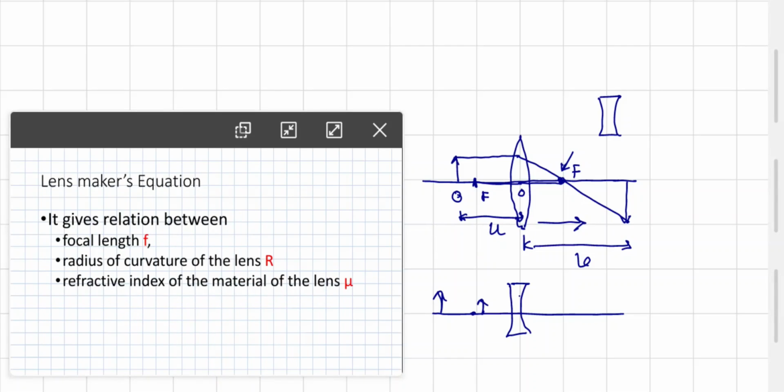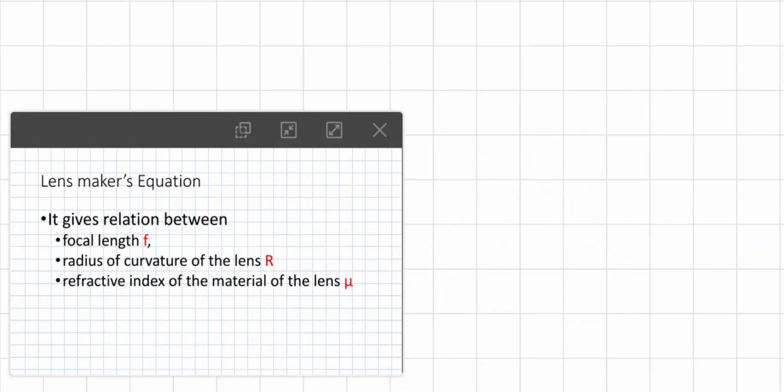Now let us think about the lens maker equation. So friends, the lens maker relation.